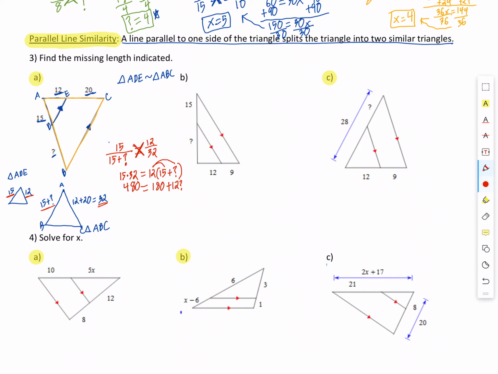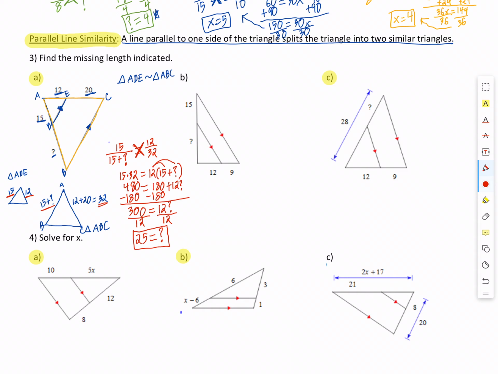Subtract 180 from both sides: 480 minus 180 gives us 300, which is equal to 12 question mark. Divide both sides by 12. 300 divided by 12 gives us 25. So question mark is equal to 25.